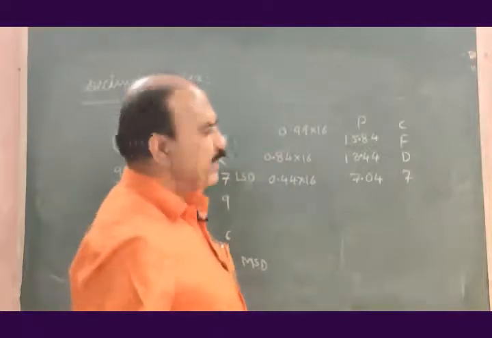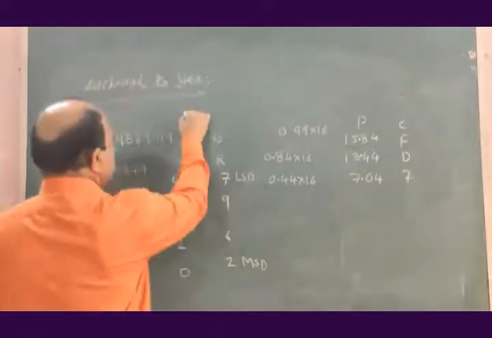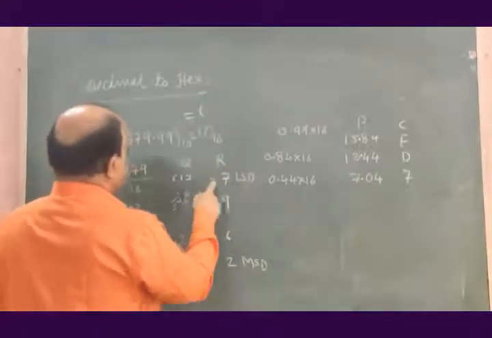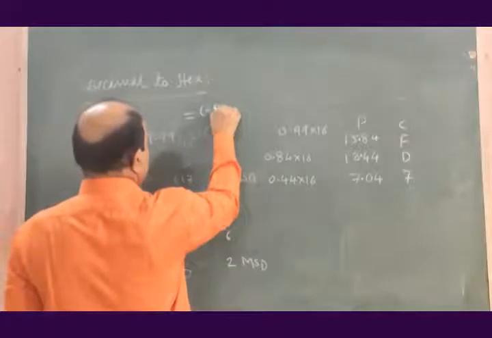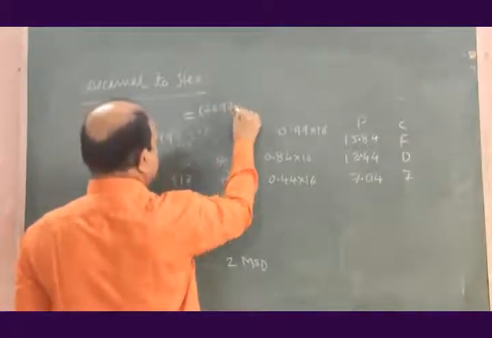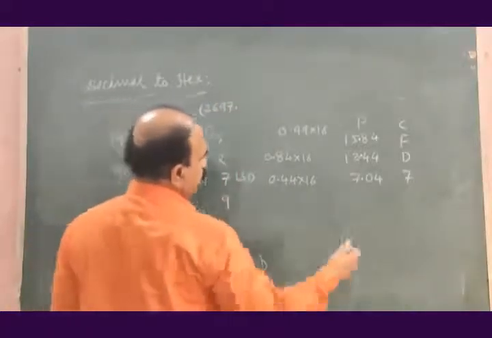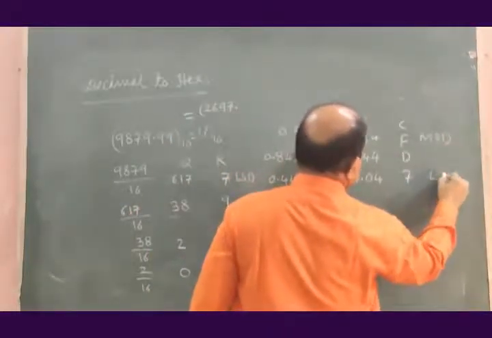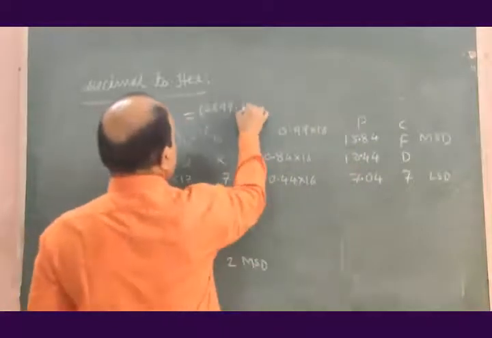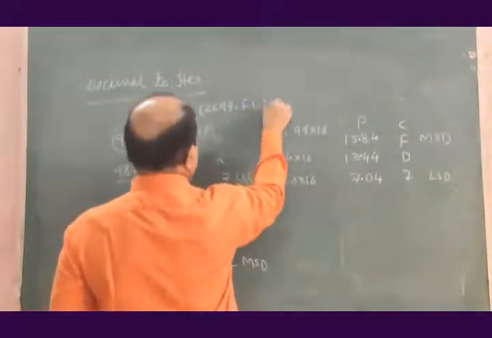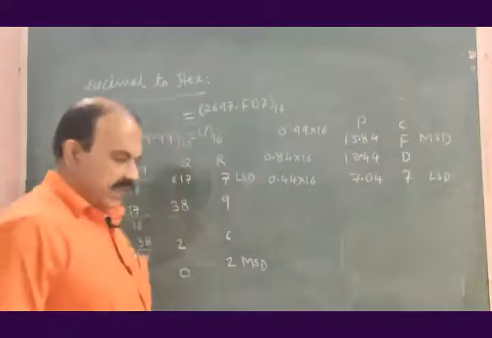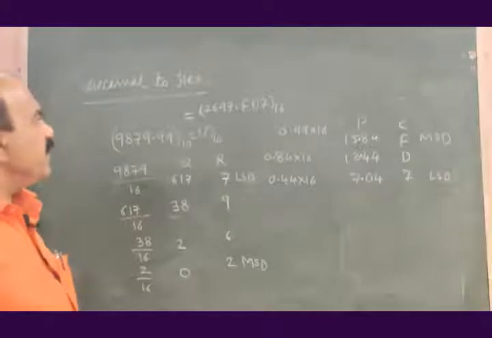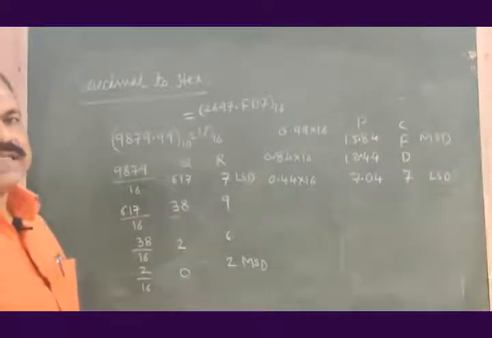We can stop here, and this is equal to 2697 hex point, this is MSD, this is LSD, EFD 716. This way we can convert any given decimal number to equivalent hexadecimal number.